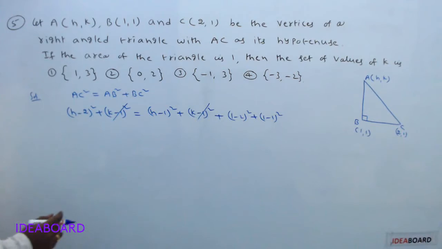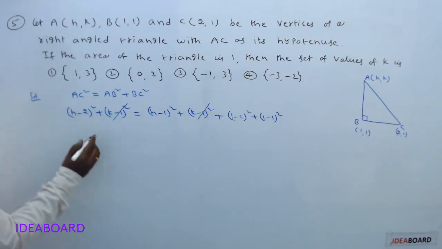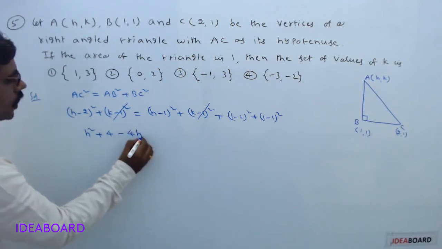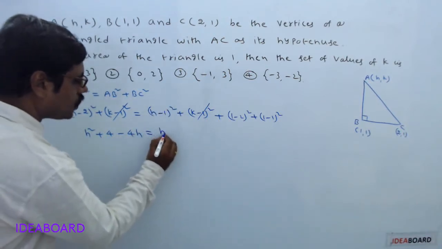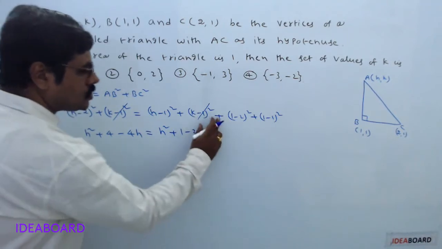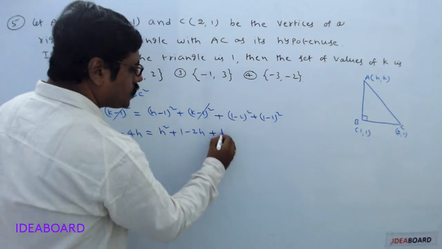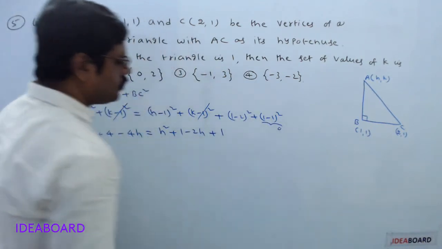K minus 1 whole square term will be cancelled. h minus 2 whole square, expand this term. It is h square plus 4 minus 4h equals h minus 1 whole square, h square plus 1 minus 2h, plus 1 minus 2 whole square is 1. Now this value is 0.